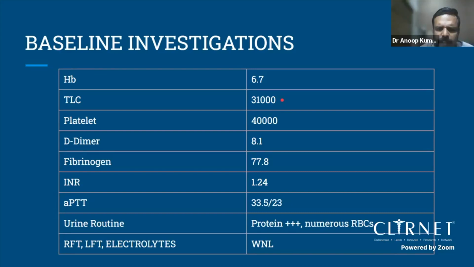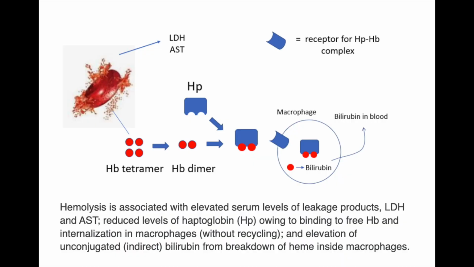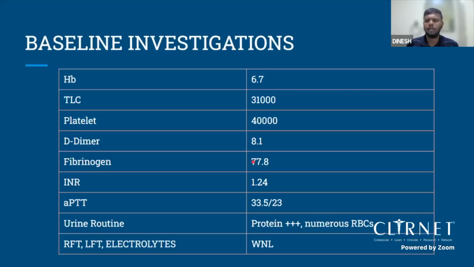Any other investigations? Lactate dehydrogenase will be elevated. Did you check LDH here? At this point in time, we had checked. It was elevated, around 500, sir. The cutoff. What other investigation again favoring eclampsia or PAS?